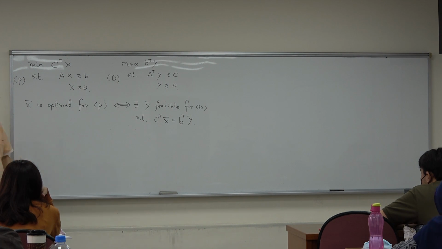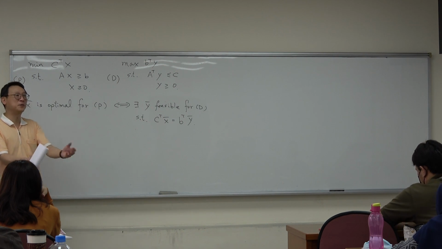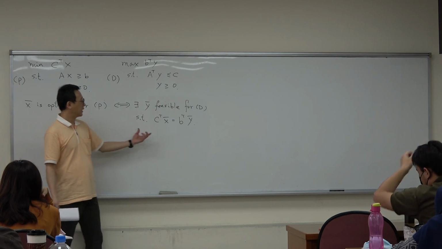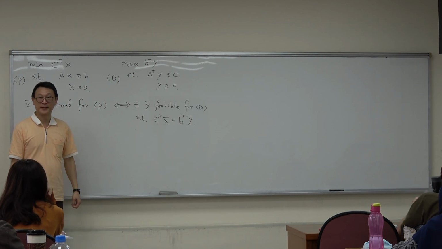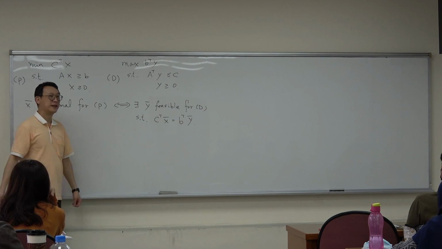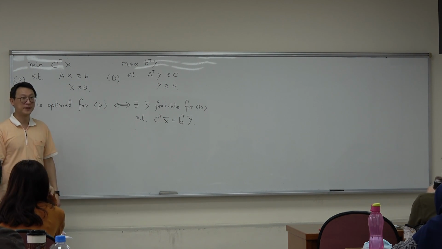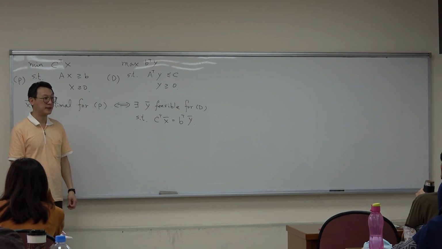As you know from duality before, it follows that y bar actually is an optimal solution. But here I will start from this. I will say that it's feasible, and finally we will find it's an optimal solution.